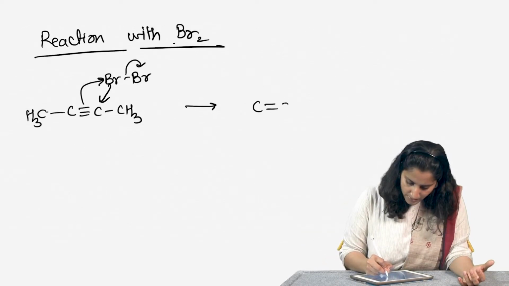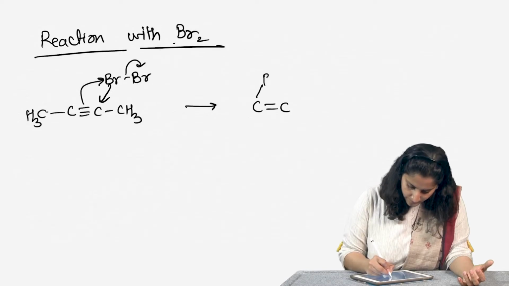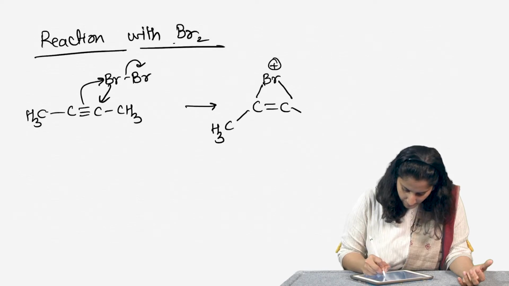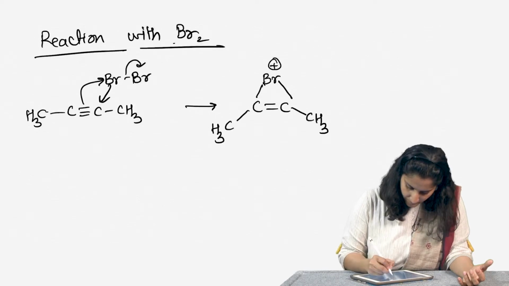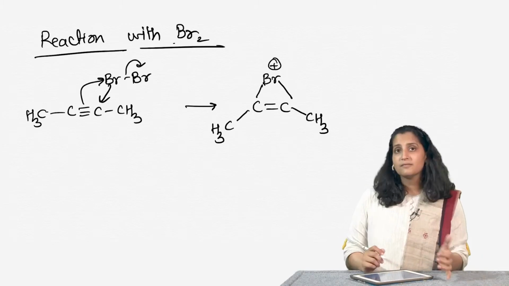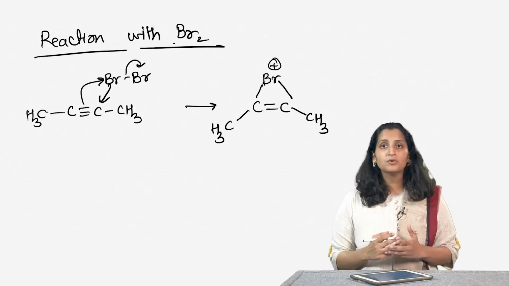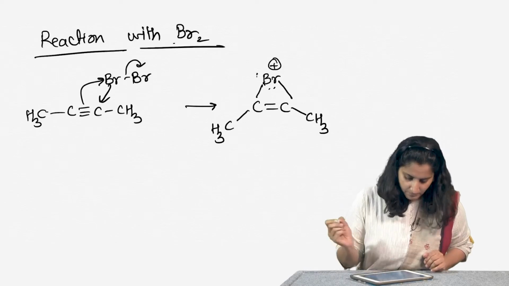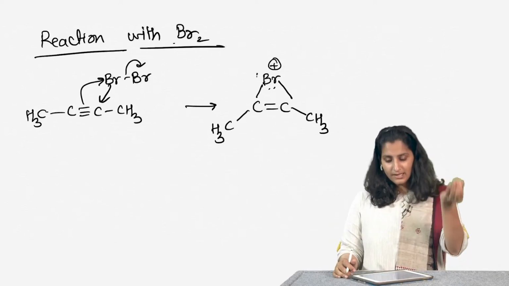So, what we form here is a bromonium ion. Remember, this is the triangular bromonium ion that we know.